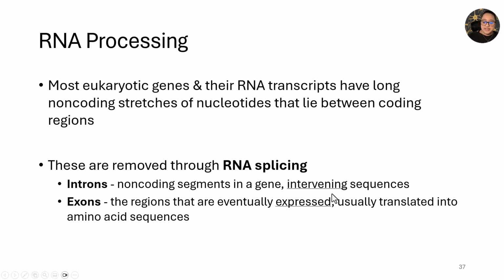Because it's just the intervening parts between what really matters. So the introns are what get cut out. The exons are the regions that are eventually expressed. So you can remember it that way as well. Exons get expressed. Those are the ones that get to stay and then get spliced together. These usually get translated into amino acid sequences.